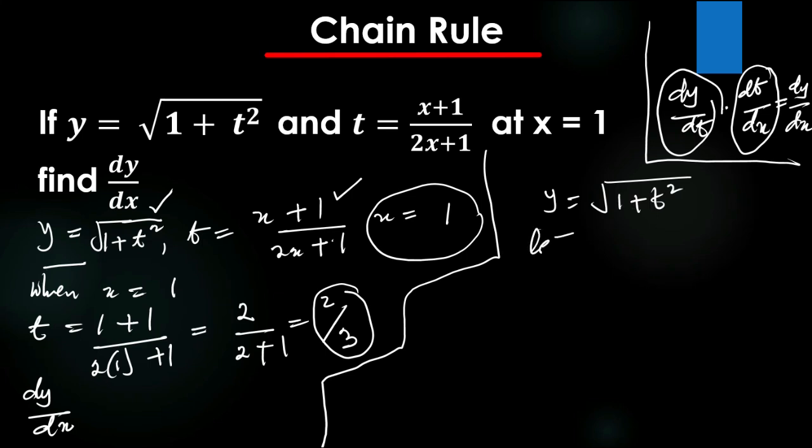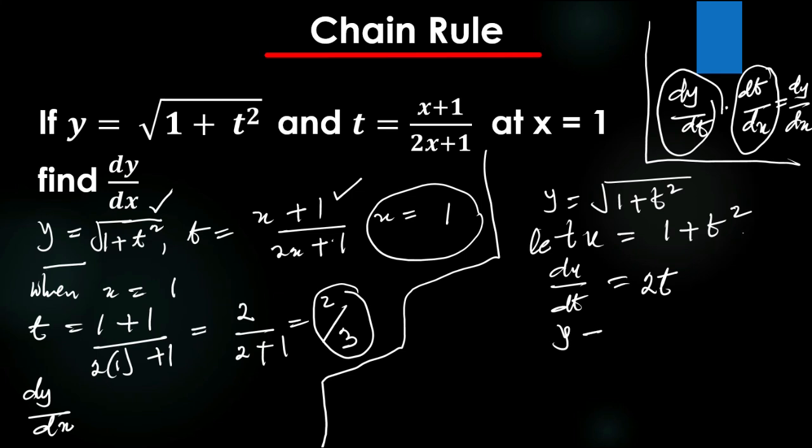The first thing I want to do here is let u equal 1 plus t squared, so that du/dt will be, if you differentiate 1, it becomes 0 because it's a constant, but when I differentiate t squared, it becomes 2t.